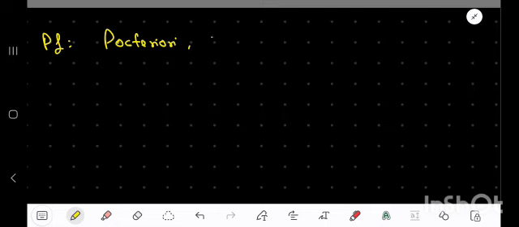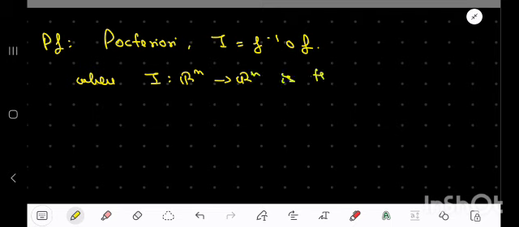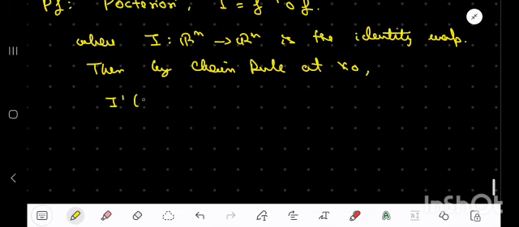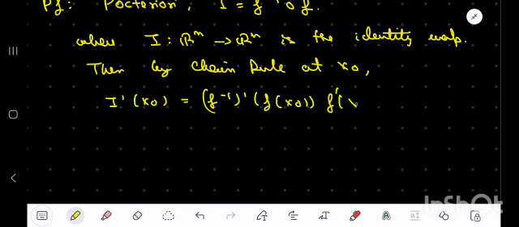Why is it so? We have I is equal to f inverse composed with f, where I from Rn to Rn is the identity map. Then, f is differentiable at x naught, and f inverse is differentiable at f of x naught. So by the chain rule applied at x naught, what do we have? We have I prime at x naught is equal to f inverse prime at f of x naught composed with f prime at x naught.